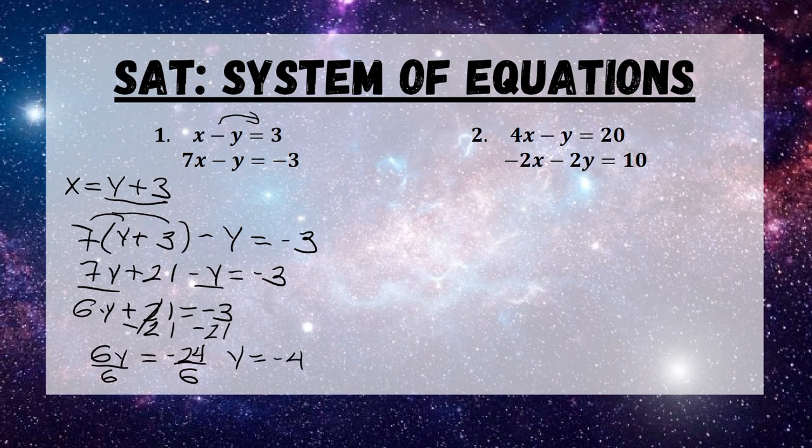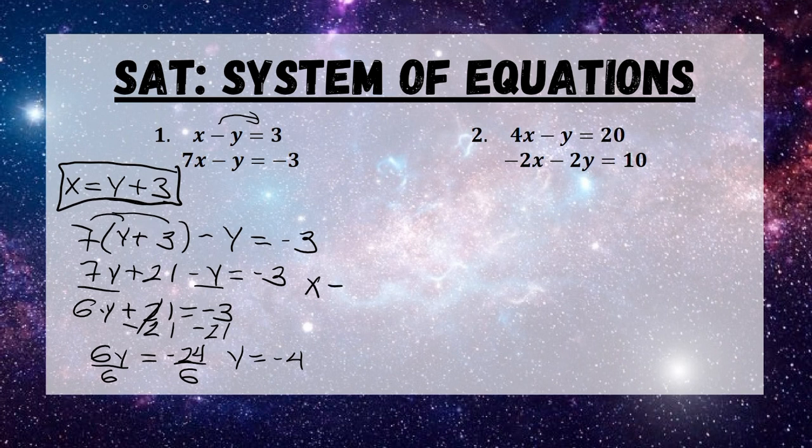So now we have that y equals negative 4. That's the first part of our answer. The answer to a system of equations is an ordered pair, which means that we need an x value and a y value. We have our y value already, and now we can plug it into this equation for x to figure out what the x would be.